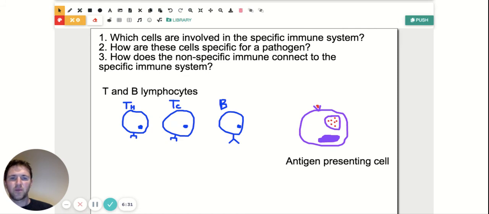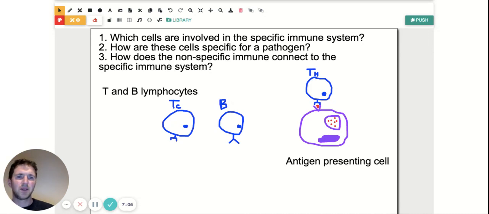And so one of them will fit this antigen on the surface of the antigen-presenting cell. Let's just show that. So let's say that receptor fits exactly, it will bind. There is the connection between the specific immune system, the helper T cell here, and the antigen-presenting cell here. So that's where the connection is. The next video will go on to describe exactly what happens to those helper T cells when they've bound to the antigen on the surface of the antigen-presenting cell.